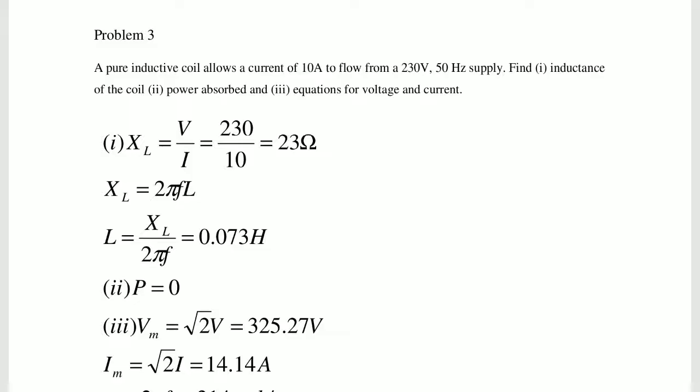The given value is RMS, but we want the maximum value Vm. So Vm is equal to root 2 into Vrms, that is root 2 into 230 volts, which gives 325.27 volts.